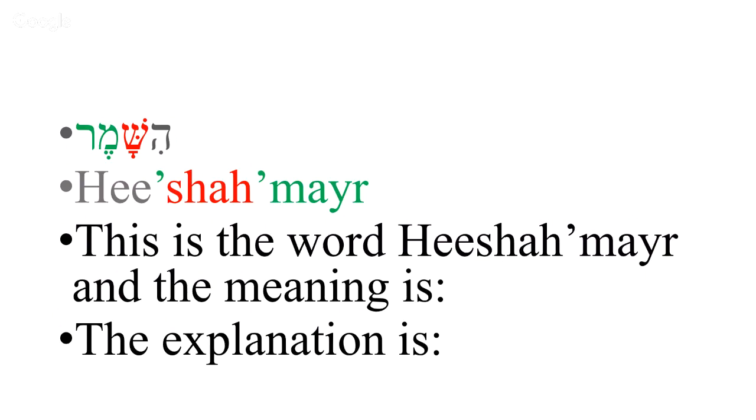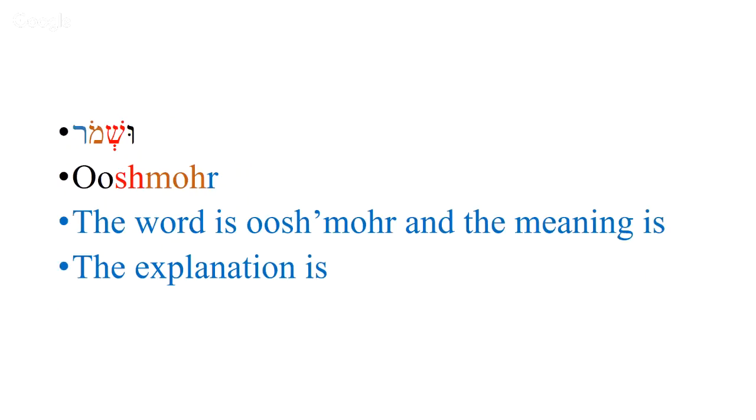All right. Next slide, please. It says this for edification purposes. Ushmor, as stated, this is all color coded. Now, the vav with the dot in it makes the oo sound.